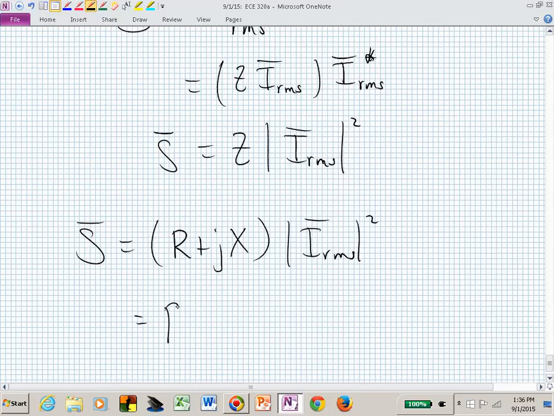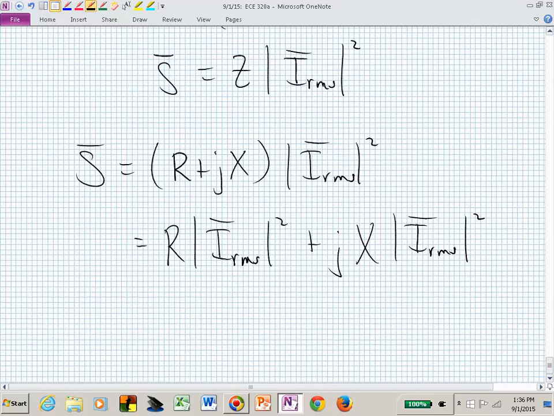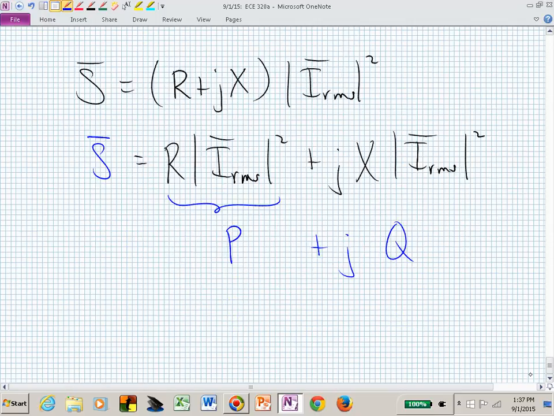And now we know that R times I RMS squared plus jX times I RMS squared will produce the P, the real power, and the reactive power associated with that complex impedance.